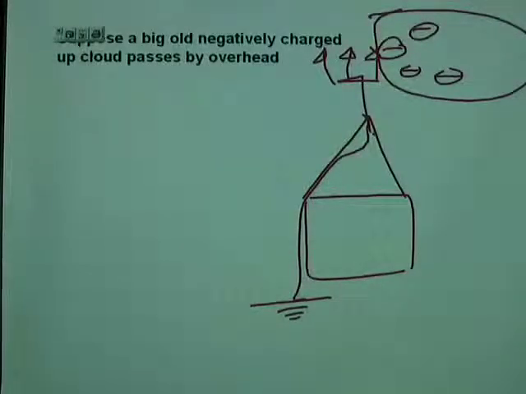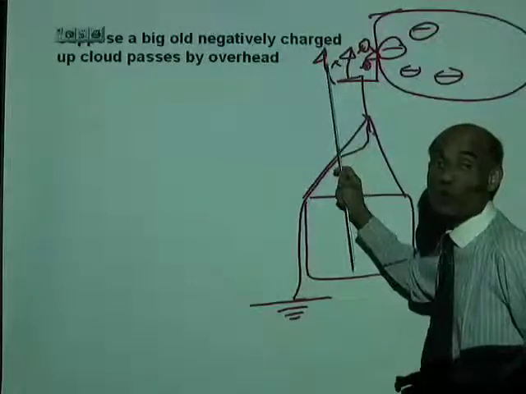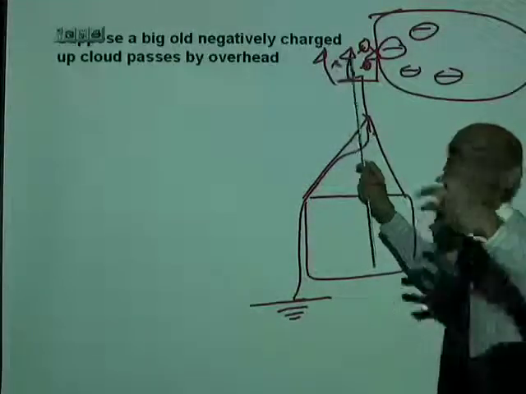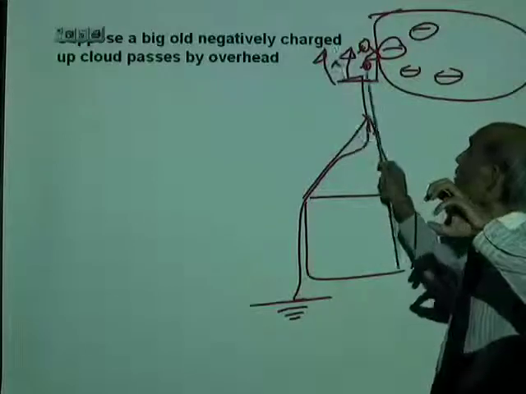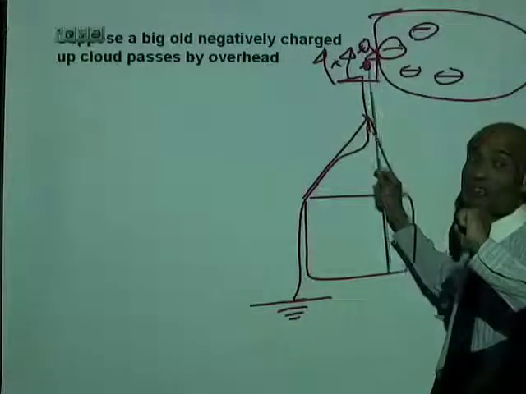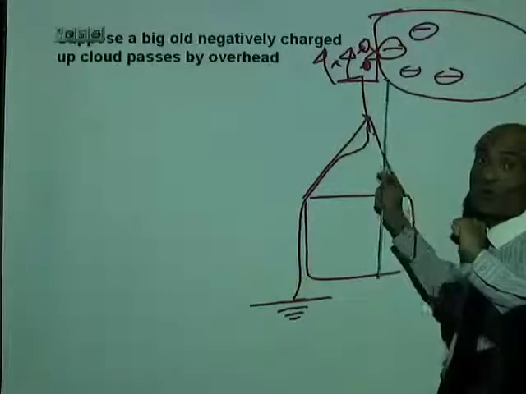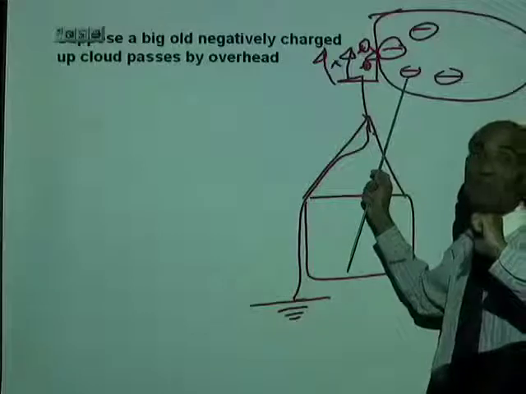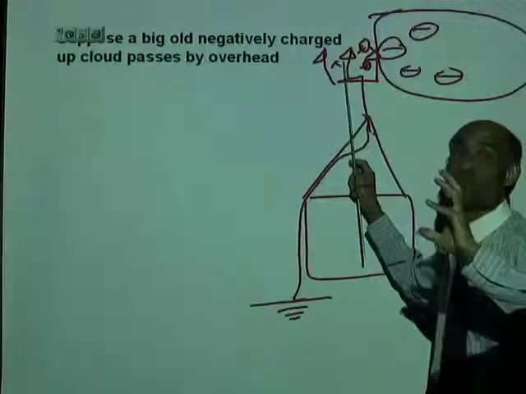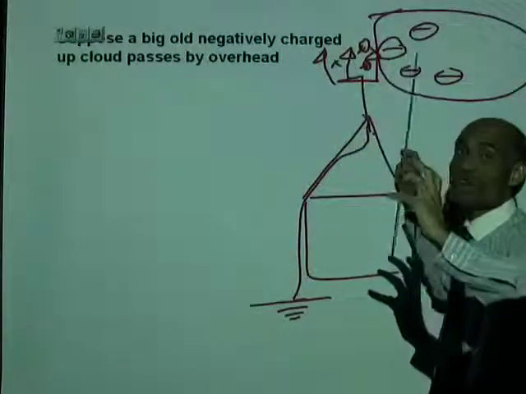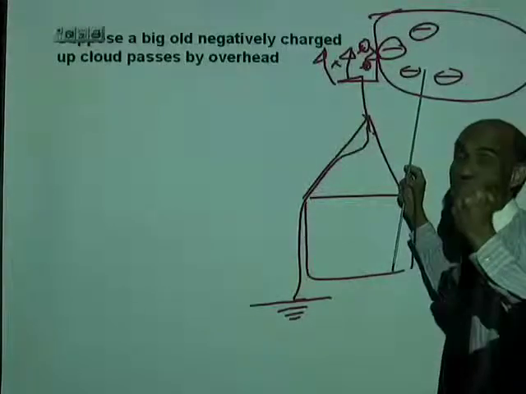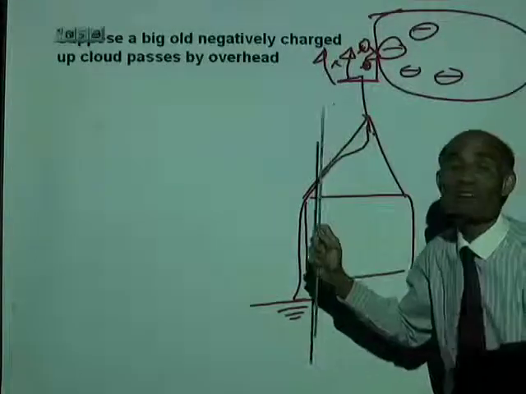So there will be induced charges on the conductors, and because of the pointed ends, all those induced charges will be concentrated at the pointed ends. And the concentration of these positive charges will gradually neutralize all the negative charges in the cloud. So what does the lightning arrester do? It will gradually neutralize all the buildup of charges, thereby preventing a discharge.